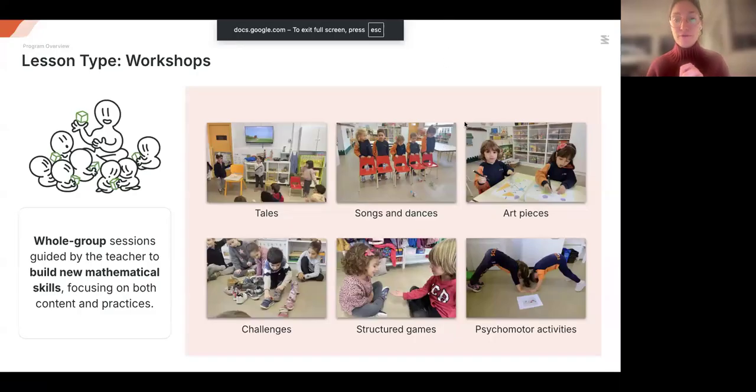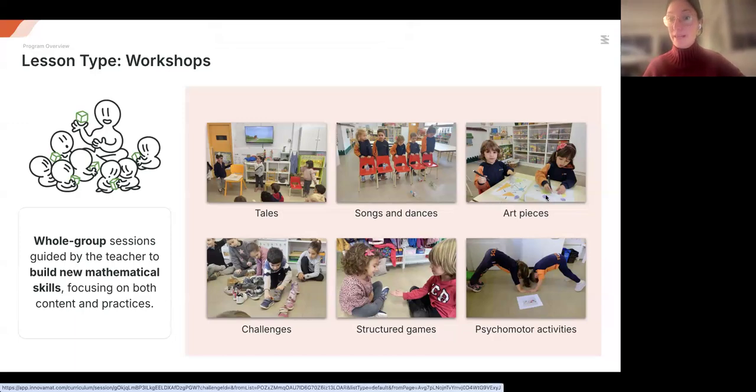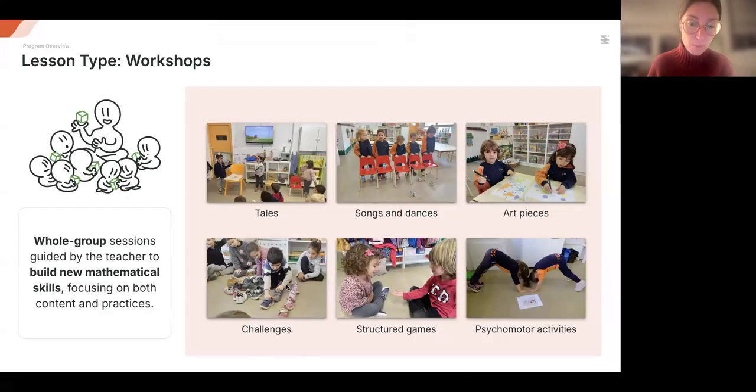These are pictures of groups of students doing the workshops. On the right, they're doing a geometry workshop, painting and coloring the different shapes. In the middle, it's a workshop where they're decomposing the number 9, pretending they are in a bus with the chairs. On the bottom left corner, they are categorizing their shoes.